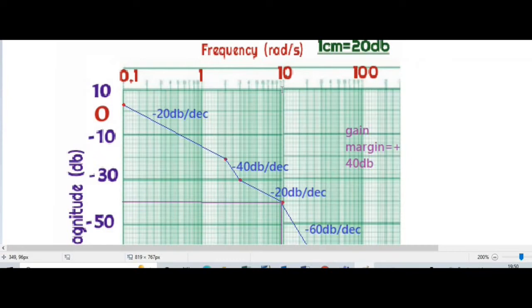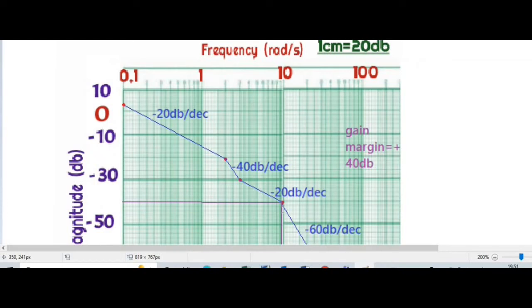So whenever it is asked to find the gain crossover frequency or phase crossover frequency, the vertical line coming from the phase plot is known as the phase crossover frequency. Now we will move to the phase margin.